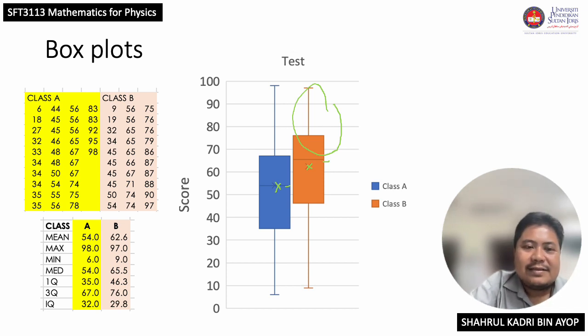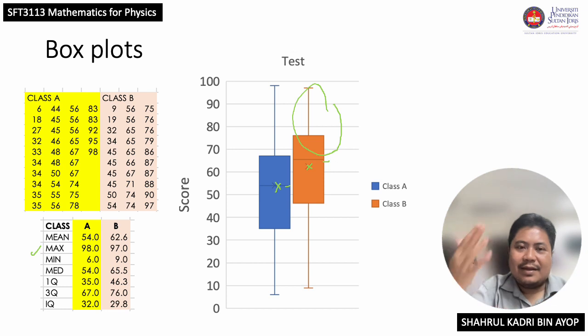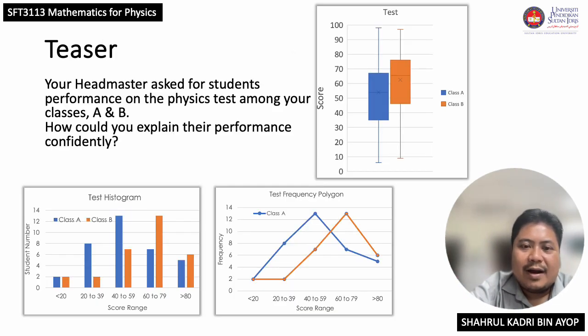So this is the summary of the coefficients between group A and group B, and we can represent them in a visual way. When you are asked to report the performance of the students, you can use either a histogram, frequency polygon, or box plots. It depends on how you can explain to your headmaster.